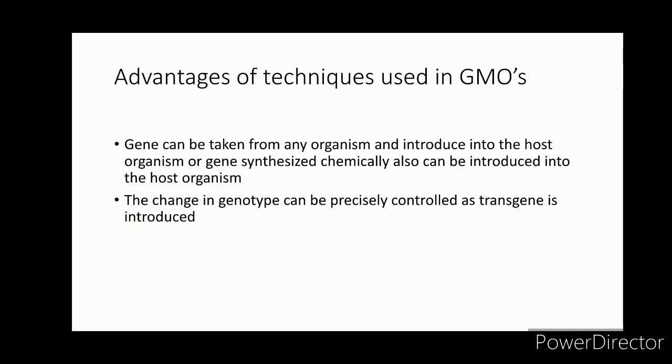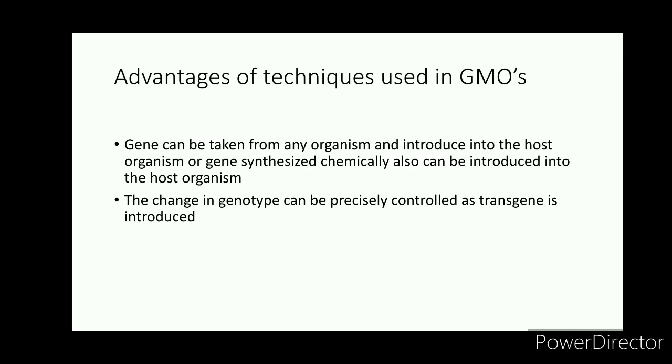So the gene can be isolated from the smallest microbe and inserted into a complex animal. It can be taken from E. coli and inserted into cattle, pig or any other animal, or it can be taken from a microorganism and inserted into a plant. So this is an advantage of techniques used in GMOs.